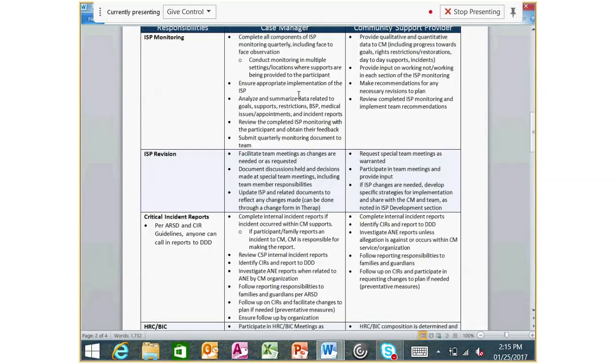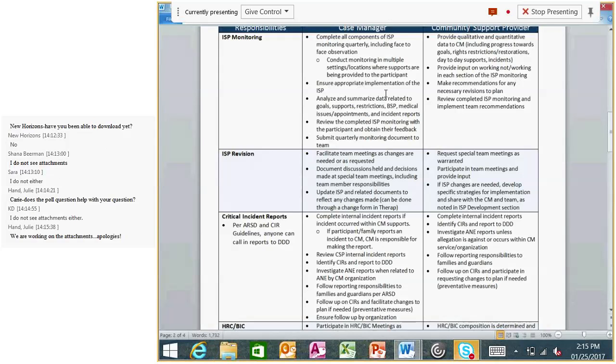It's recommended that the case manager conduct the monitoring and the observation in multiple settings or locations where supports are being provided to a participant. The way the quarterly monitoring is set up in TheraP, you can document more than one observation. You just have to use the add button.